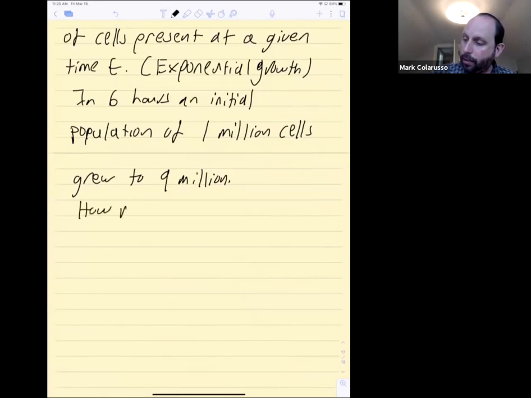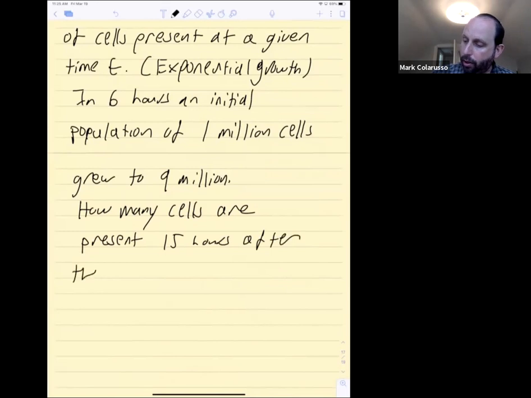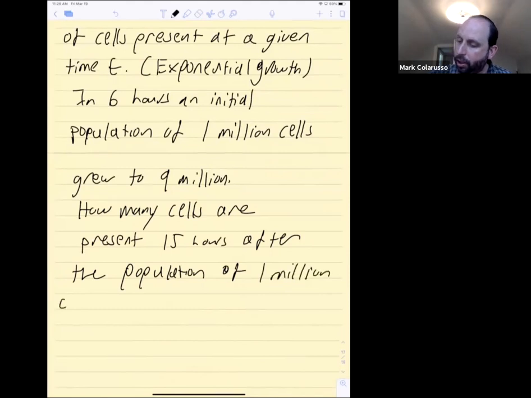How many cells are present 15 hours after the population of 1 million cells was initially observed?